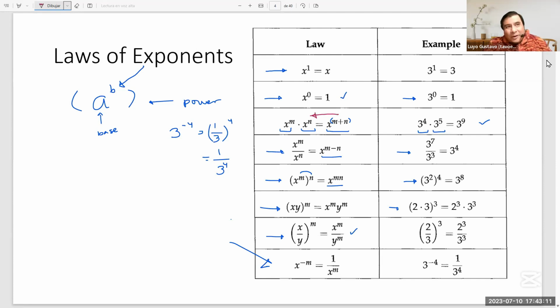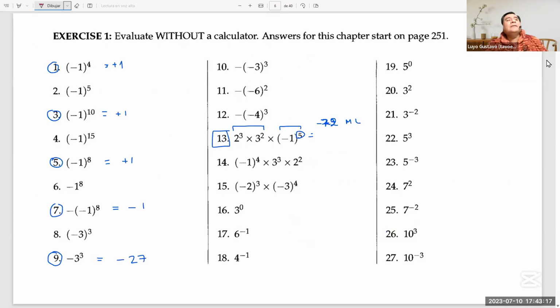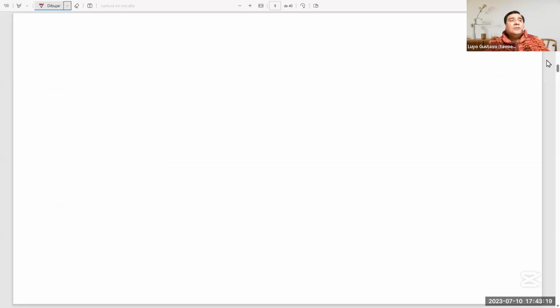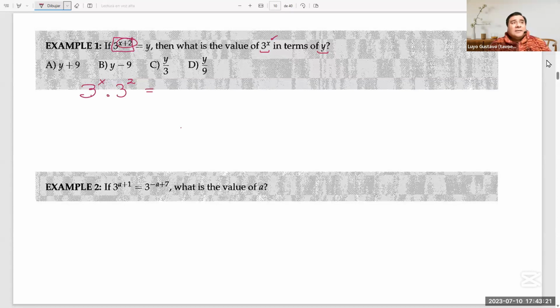We are opening this expression as a product of two powers. So as you can notice, this is equal to y. And because this is a number very well known, it's 9. So 3 up to x times 9 equals y. And from this expression, 3 up to x equals y over 9.